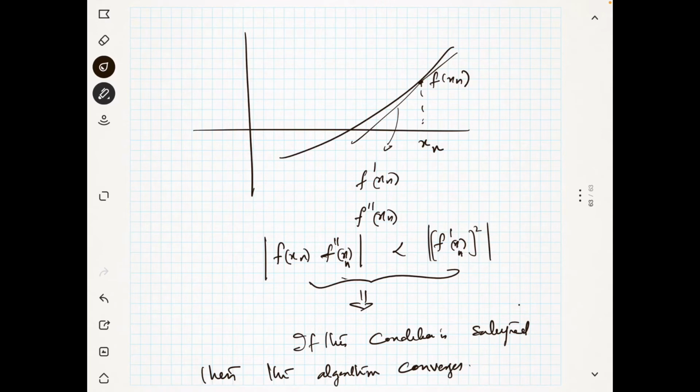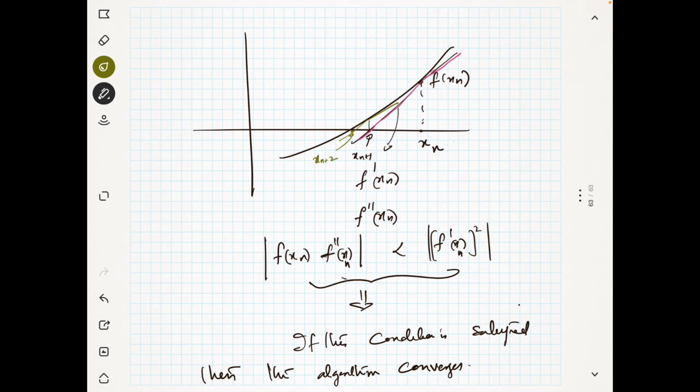Now how fast it is converging? You see this is xn, and from this I will calculate xn plus 1, and from this xn plus 1 I will again proceed further. Then I will proceed further and I will get this point as xn plus 2.